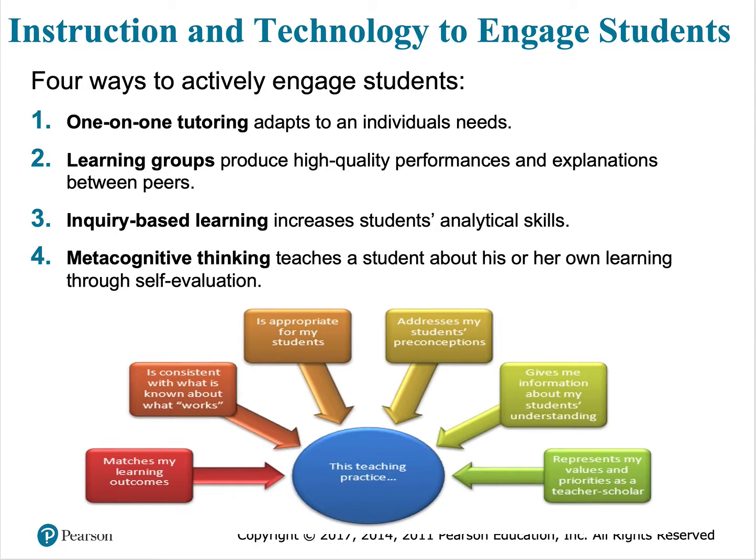These are 4 basic ways to actively engage students, but there's a lot more. One-on-one tutoring, learning groups, so you have collaboration and communication in there, inquiry-based learning, looking at the analytical skills, looking at creativity and critical thinking, along with metacognitive thinking as well. There's those 2 things. So all these things can help to engage students.